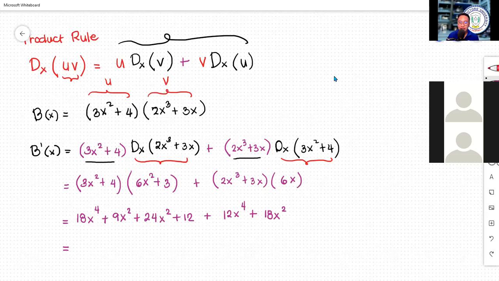Is it 30? So that's going to be 30x raised to the power of 4. And those terms with the power of 2, 9x squared, 24x squared, 18x squared. What's the total when you add them? Let me take my calculator. 9 plus 24 plus 18, 51.